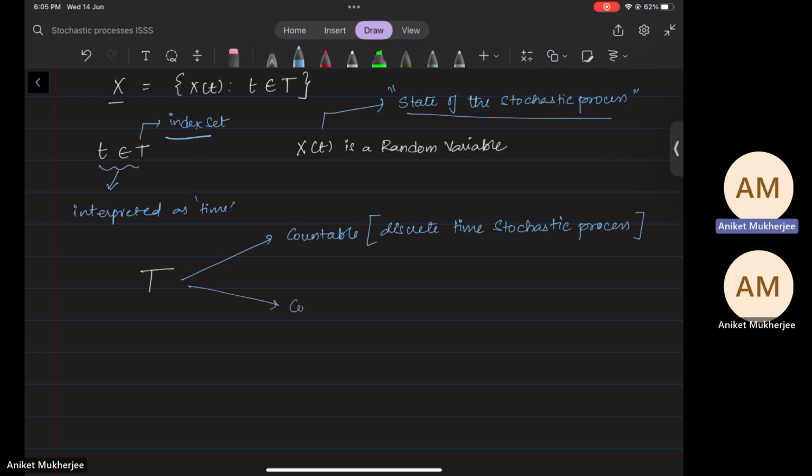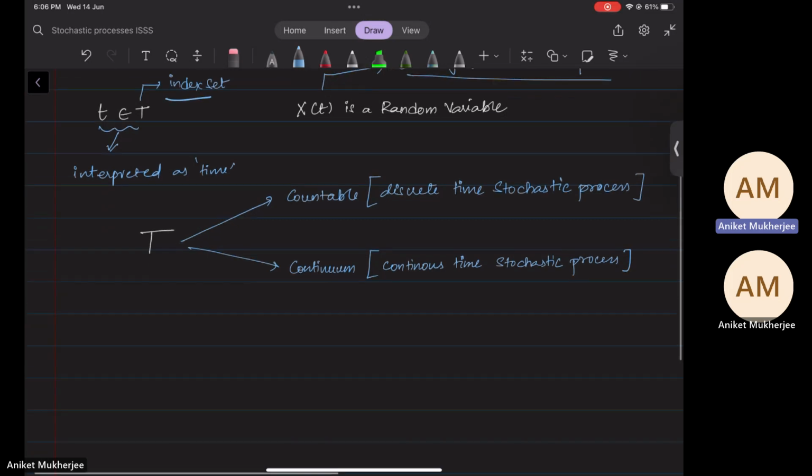If T is a continuum, which is continuous, not countable, we call it a continuous time stochastic process. We'll see both these types of process in this course. So DTMC is one example of a discrete time stochastic process. Poisson process and CTMCs are examples of continuous time stochastic process. So we'll see both of them.